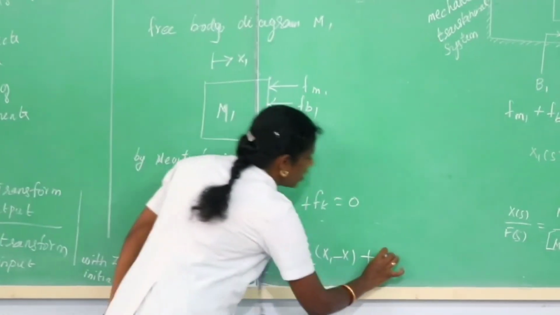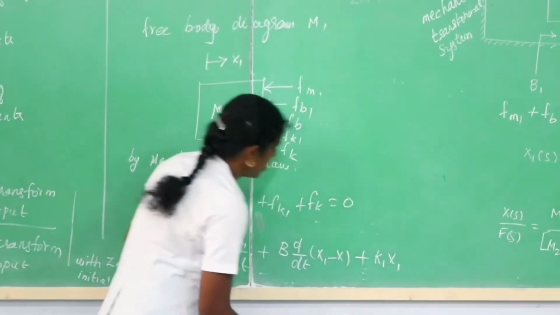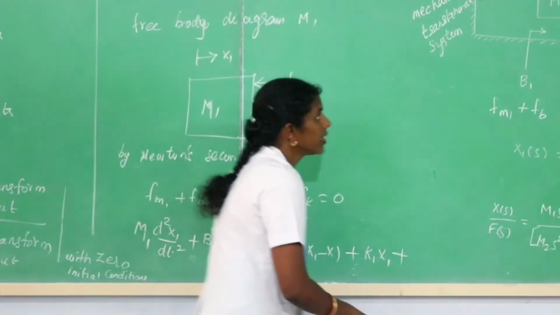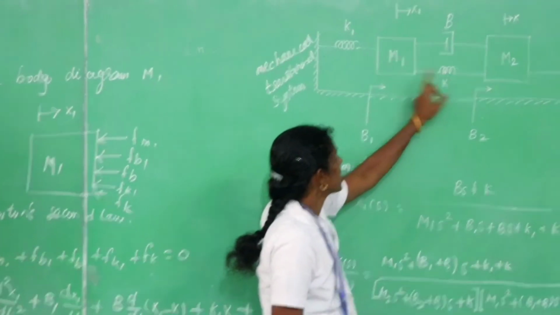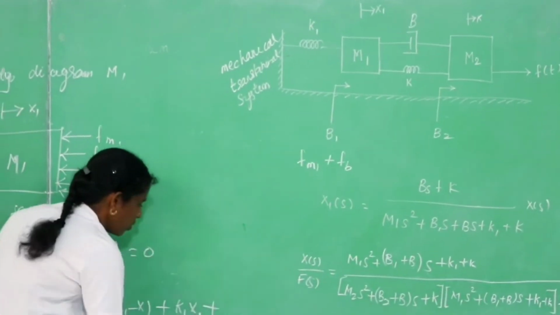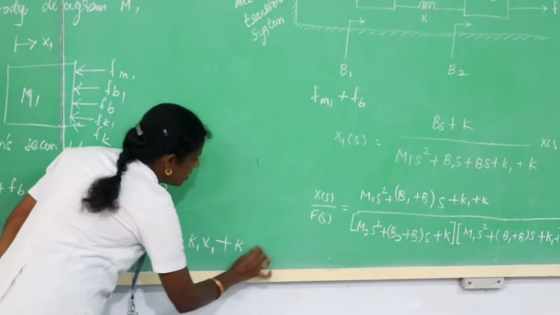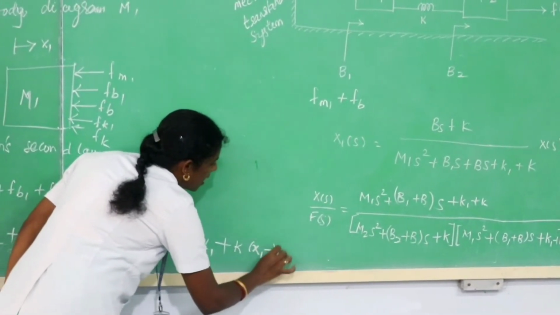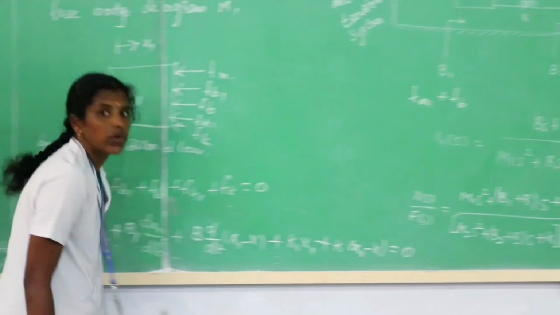Similarly, k1 into x1, and here also the spring k is connected between m1 and m2. So, the equation becomes k into (x1 minus x), this is equal to 0.